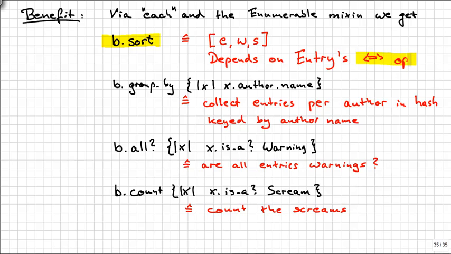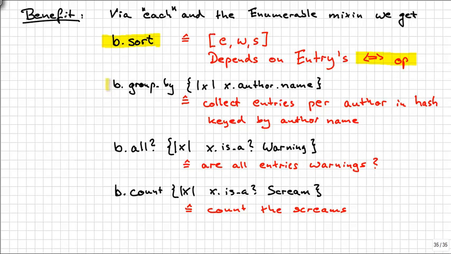So in effect, we're using both the enumerable mixin and the comparable mixin together to benefit from the sort method that is now automatically defined for our blog.